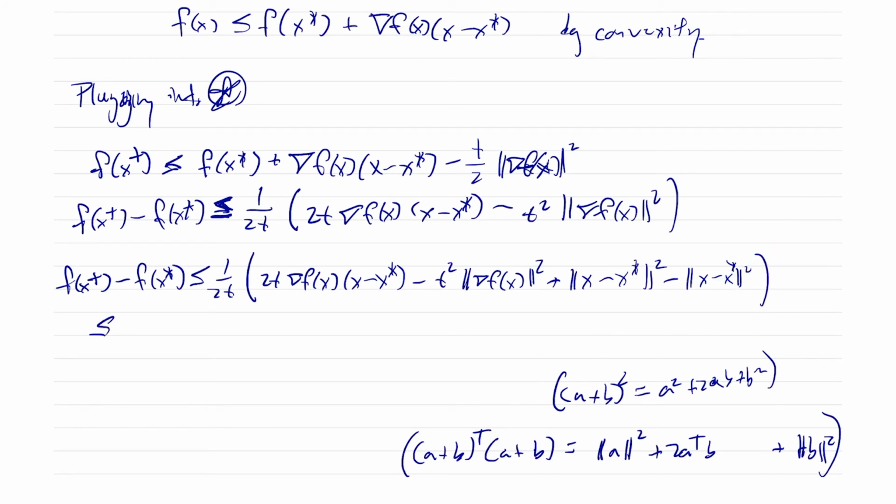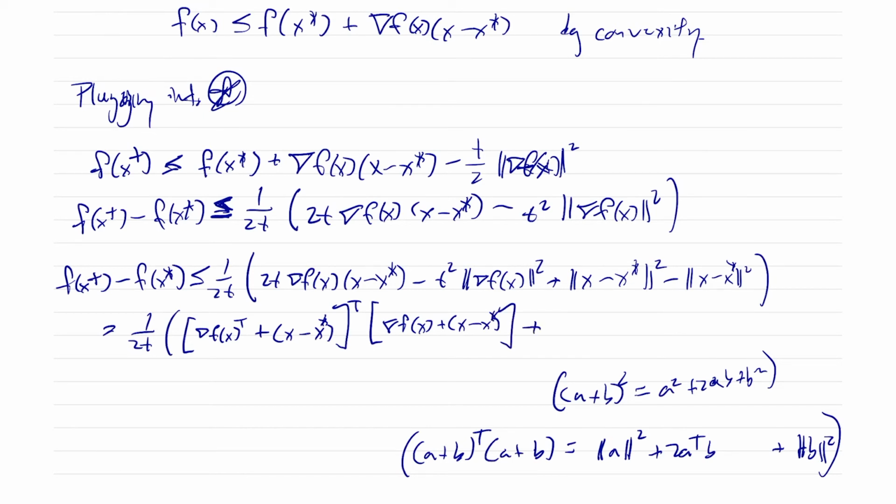This is less than or equal to, or in fact equal to, 1 over 2t times, in brackets, the gradient of f of x transpose plus x minus x star, and this quantity transposed times f of x plus x minus x star, and this times x plus x star squared.